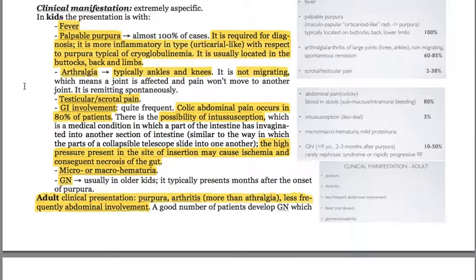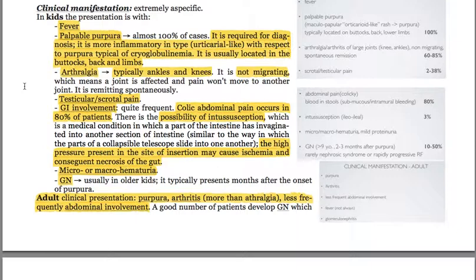There is the possibility of intussusception, which is a medical condition in which a part of the intestine is invaginated into another section of intestine, similar to the way in which the parts of a collapsible telescope slide into one another. The pressure present in the site of insertion may cause ischemia and consequent necrosis of the gut. We have also micro or macrohematuria and glomerulonephritis, usually in older kids.